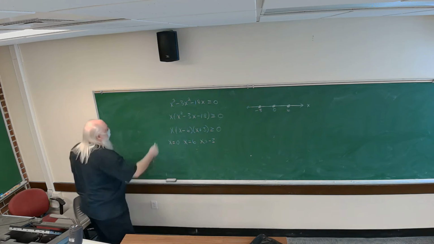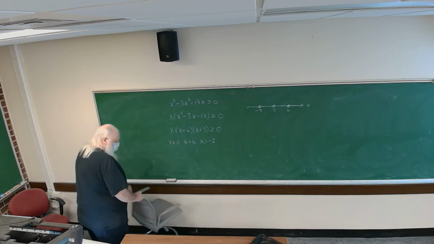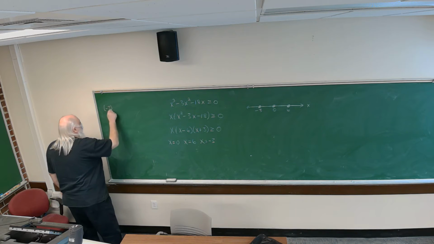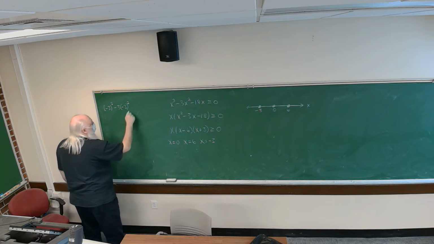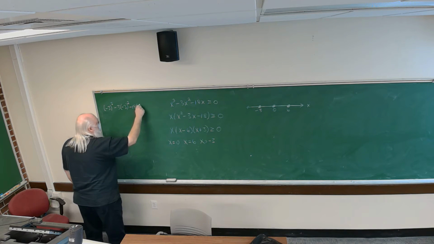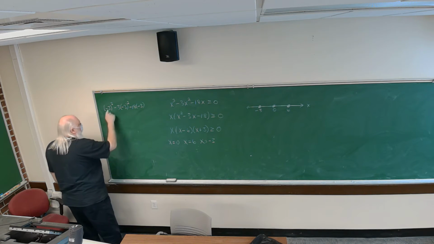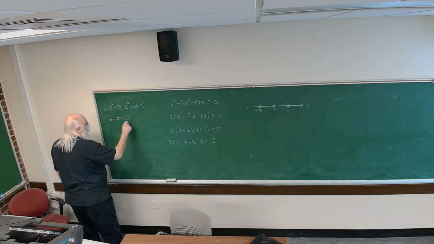If I put in minus 3 for x: minus 3 cubed minus 3 times minus 3 squared minus 18 times minus 3. Minus 3 cubed is minus 27. Minus 3 squared is 9, and 9 times minus 3 is minus 27.